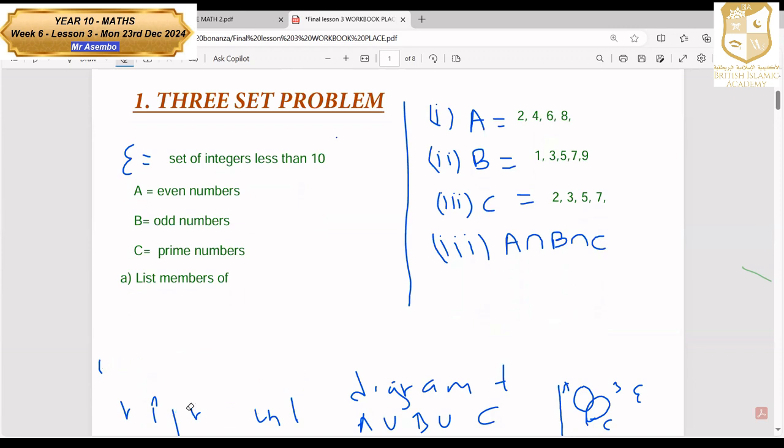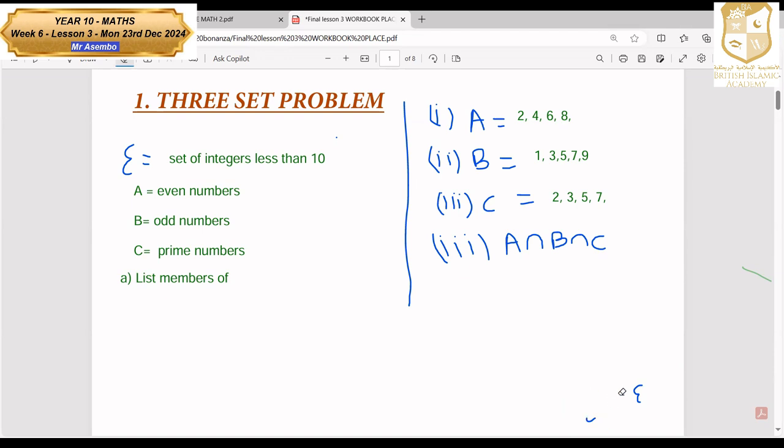No, teacher. No. So what do we write there? If there's none, it is an empty set. Since there is no member in that intersection of the three of them, this is going to be equal to a set.